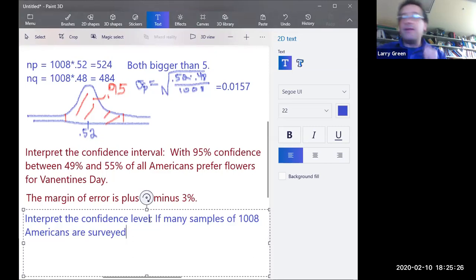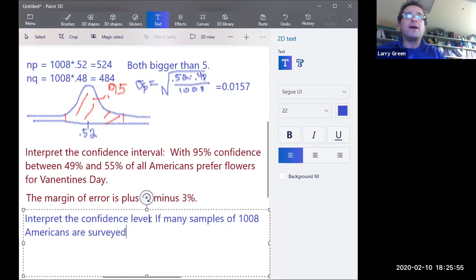Today we do this survey, the next time we do a different survey, and we keep doing surveys over and over again. Then some of the surveys are going to be good, meaning you said 49 to 55% and the true population proportion is in there. On the other hand, if it's not, then it's a bad one.